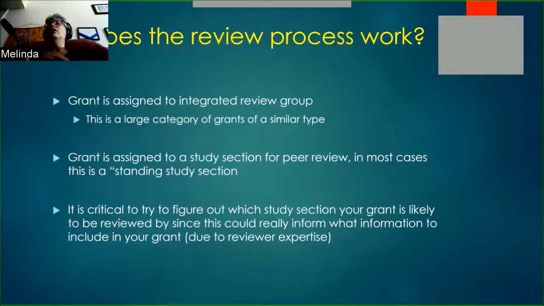I don't know what all of them are. My grants go to the Integrated Neuroscience Review Group. This is everything having to do with sensing your environment: all the neurological grants, all the hearing grants, all of the eye grants.